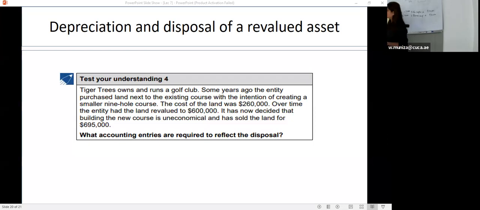So what do we do in order to de-recognize the cost? Debit is disposals account, credit is non-current asset, cost account. What is the amount?